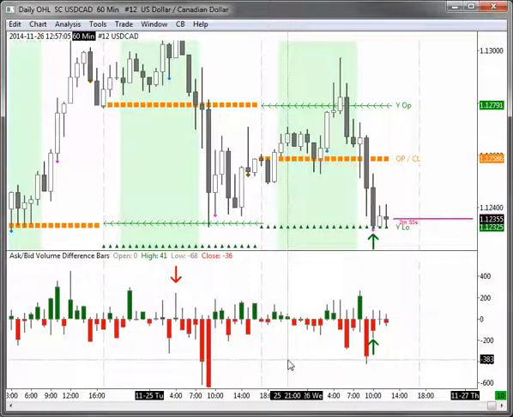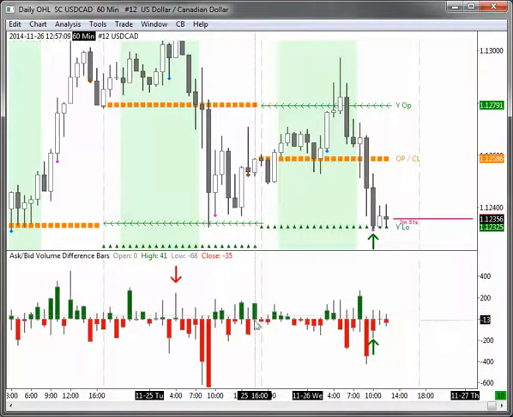I'm not going to get into hitting the bid and hitting the ask, and limit orders and market orders and things like that. I'm just going to leave it as simple as: when the bar is green on my chart here and it's above the zero line, it suggests that in that corresponding time period, for the candlestick above here, there was more buying than selling, and when the bar is red, there is more selling than buying in that bar.